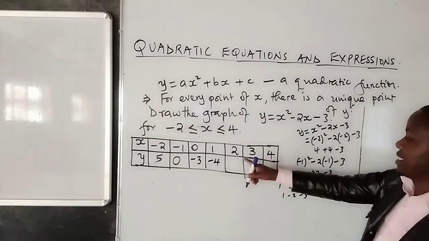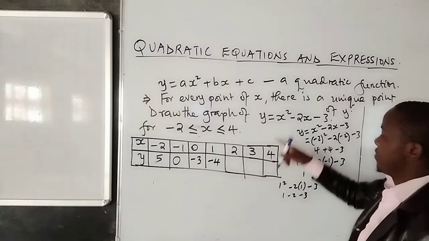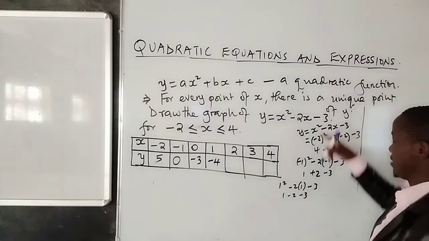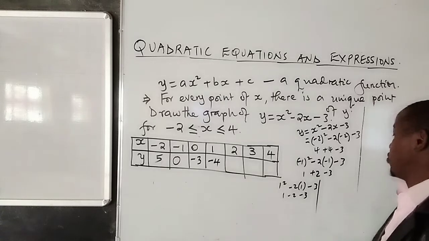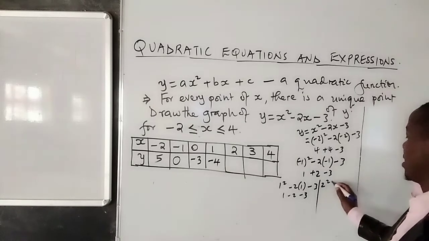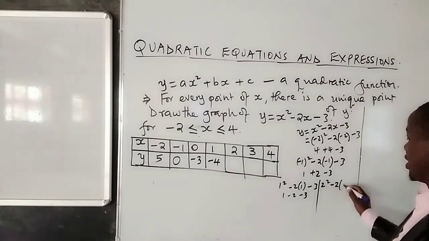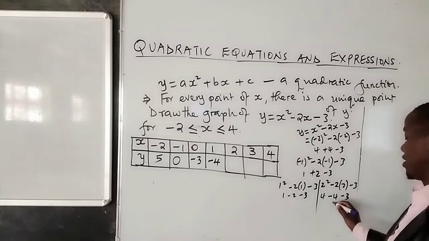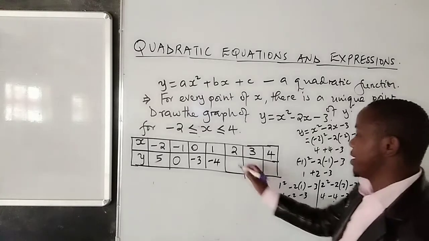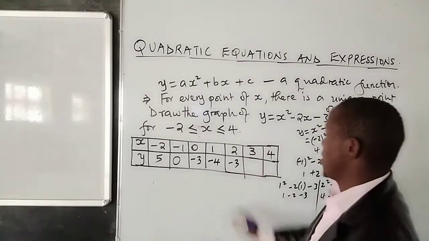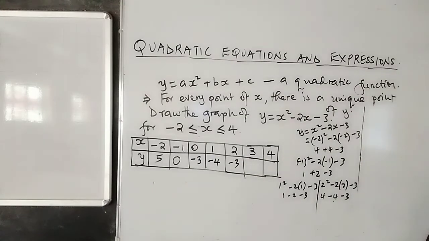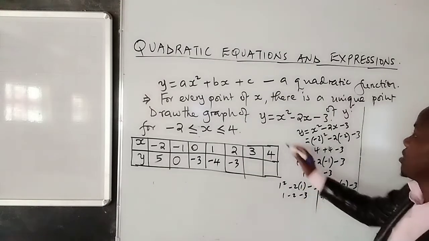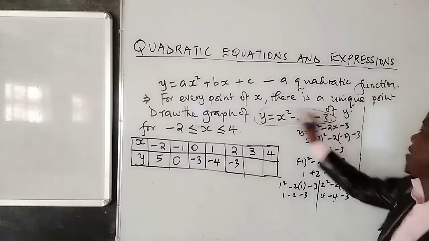We have the next value of x as 2, therefore we replace 2 in the same function. We'll have 2 squared minus 2 into 2 minus 3. Therefore this is 4 minus 4 minus 3. 4 minus 4 is 0, minus 3, we get negative 3. Then when x is 3, we substitute again in this function.